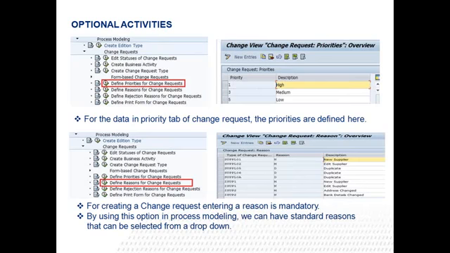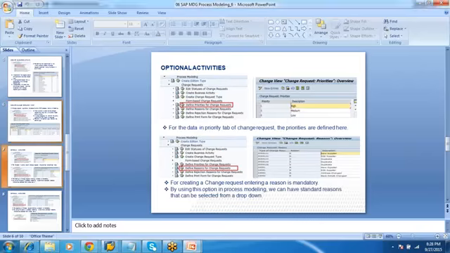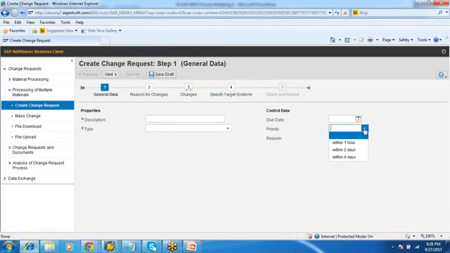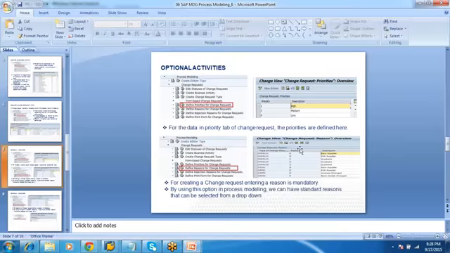This priority is applicable for every change request type. Whatever priorities I have created, all those priorities would appear like this. I have three priorities: high, medium, low.